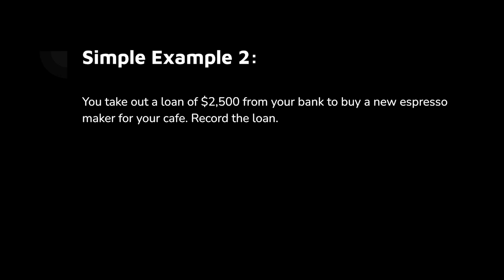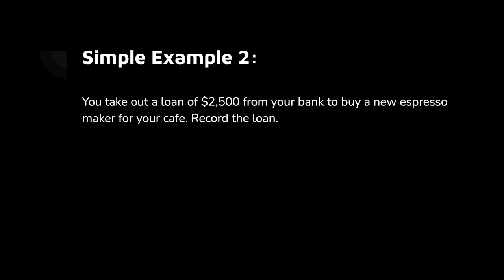A loan is a liability, and if we remember DEAL GIRLS, liabilities are the G, I, R, L, S, which are accounts that increase with a credit. Equipment is an asset, therefore it increases with a debit.